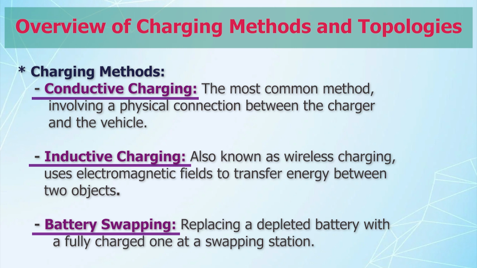In conductive charging, the most common method, there is a physical connection between the charger and the battery. The inductive method is also known as wireless charging, and it uses simple electromagnetic induction to transfer energy from the source to the EV batteries.